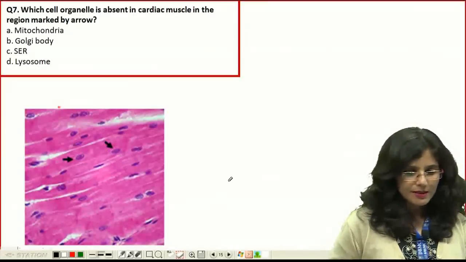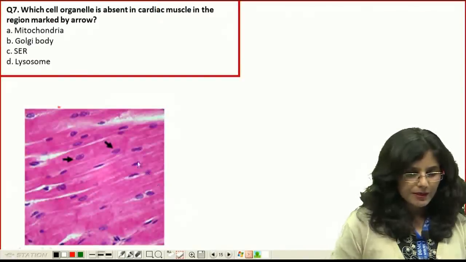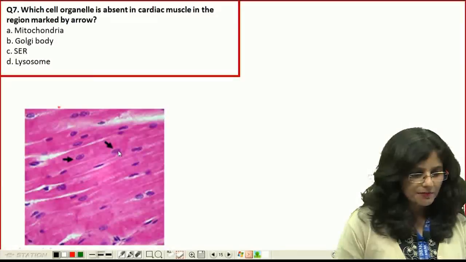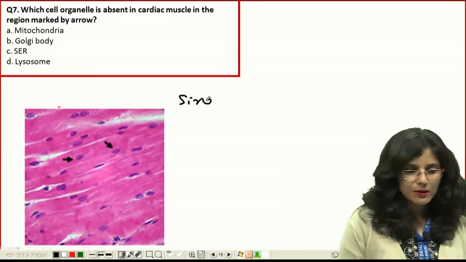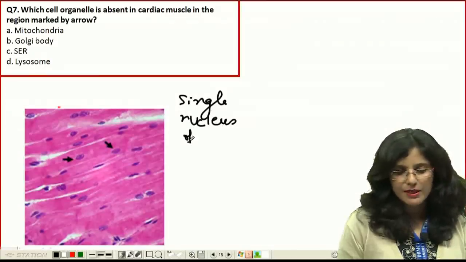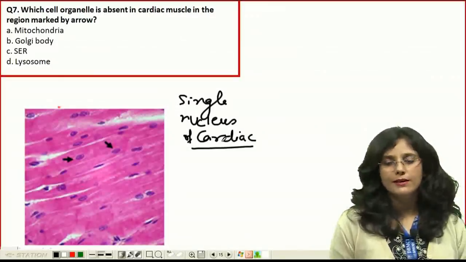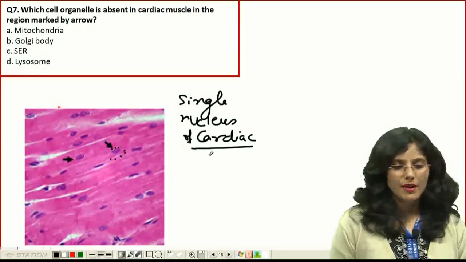This is the single nucleus of the cardiac muscle cell in the center. And this area is just nearby the nucleus.